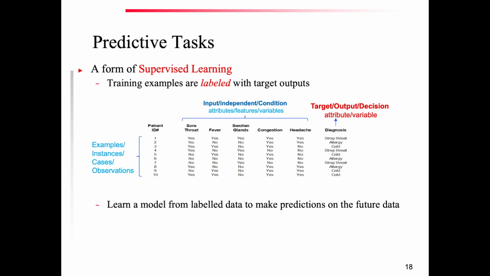Decision tree, exactly. We saw in the decision tree that we had something like this. For example, sore throat, yes or no. And if it's yes, it may have some other conditions, and then it can again go yes or no. It's not only for this table, but also, for example, for the weather data example that we saw earlier.